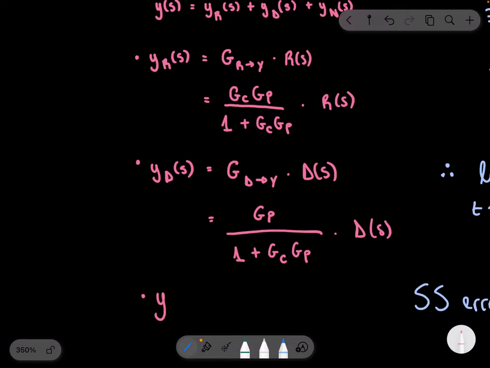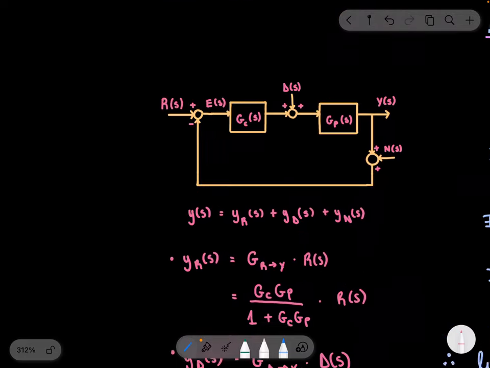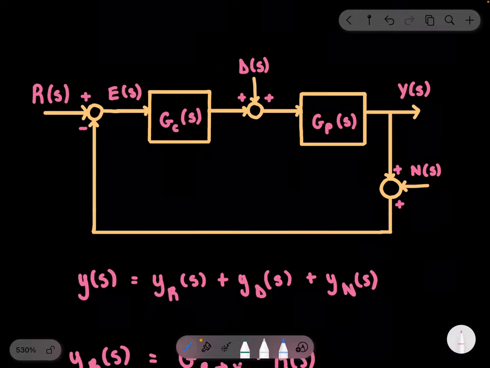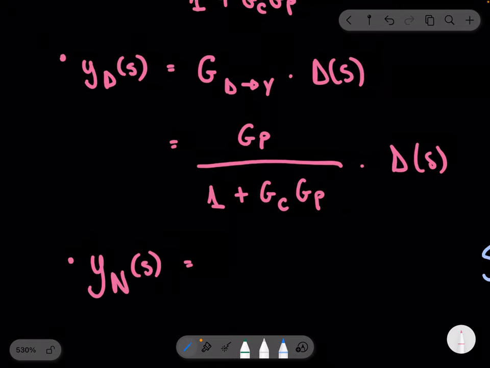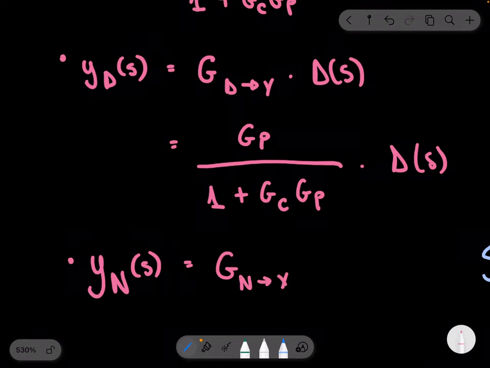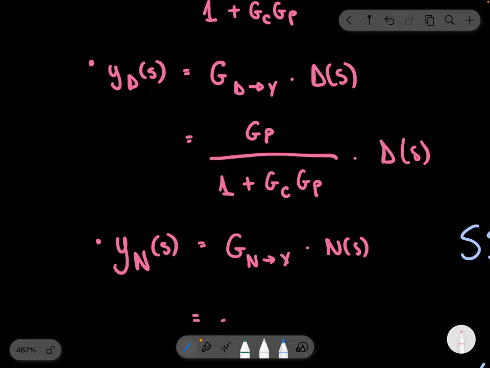Okay, last one is the output due to the noise signal. This one is a little bit different, I'll tell you why later. So once again, the transfer function for the noise to the output multiplied by the input, which is the noise signal.